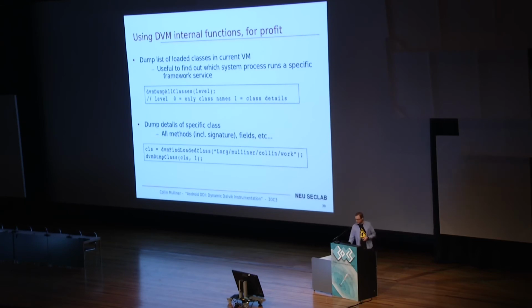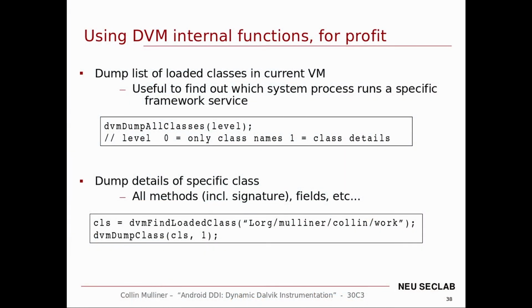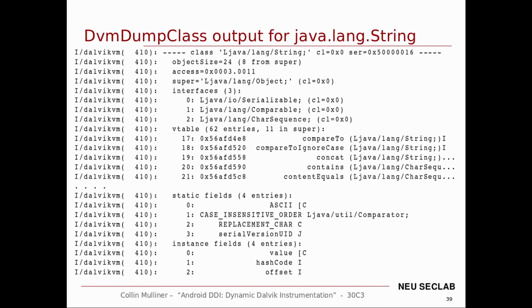Yeah, and whenever you dig around other applications and maybe want to look at classes, like what are the methods, what are the method parameters, what are the internal values, variables, and so on, you can use some functionality from the DVM, this class dumping, and just say, hey, what's actually inside this class? And again, for an example, I just use the string class.